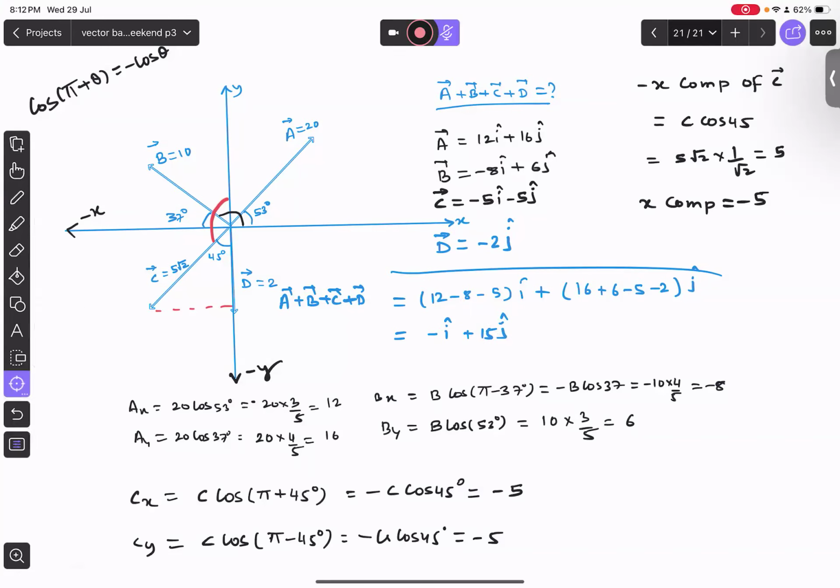So if I can write vectors in terms of their Cartesian components, I can easily use them to find A plus B plus C plus D, or anything else, like even A minus B minus C plus D. Such operations become very easy. I hope whatever we have done on this slide is clear to all of you.